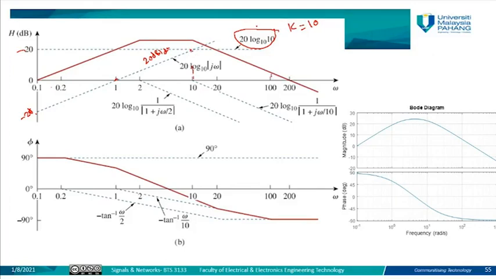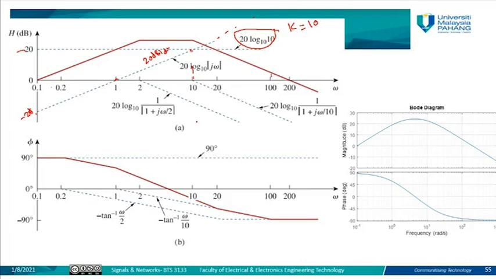So the slope here continues with 20 dB per decade. That means the value will increase by 20 dB for each 10 times of frequency on the x-axis. So each 10 value we get an extra 20 dB, 20 dB, 20 dB.